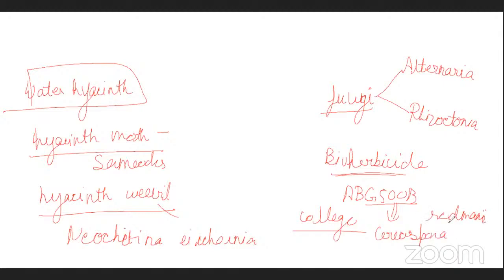And this is usually used to control the water hyacinth. One student has given the example of Orthoglycoma. That's also correct, which is the bite, and this came from Florida in the year 1982.